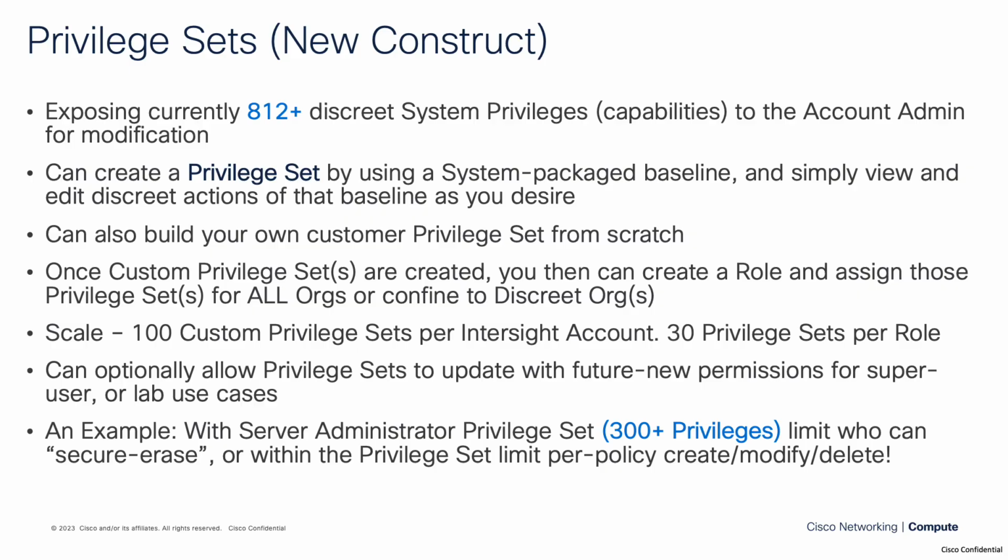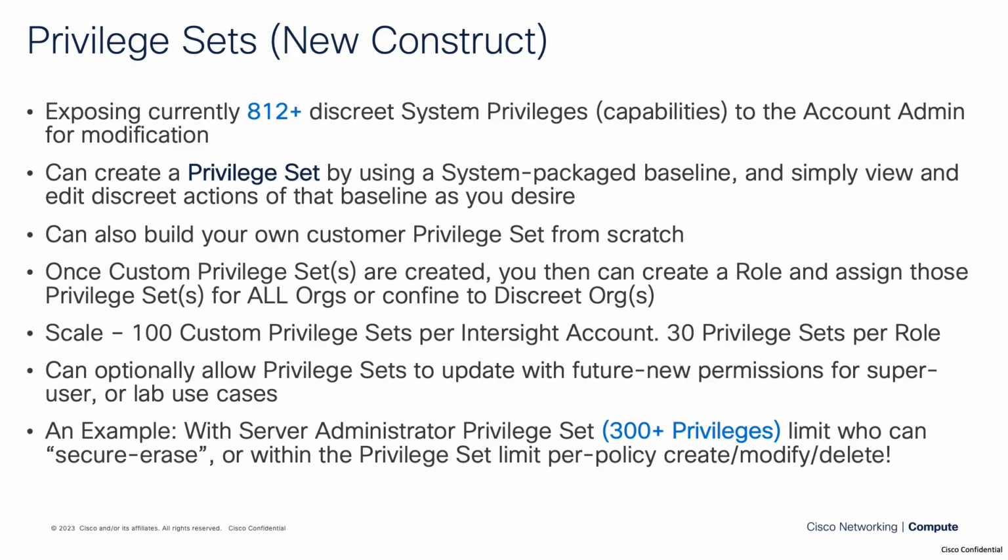You're welcome to count. Now, as far as creating a privilege set, you can start from scratch with the whole 812 and pick and choose. But probably a better way is to start with a predefined baseline, and you're going to see system package privileges that you can start with.